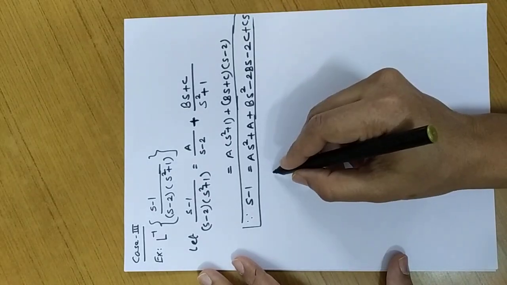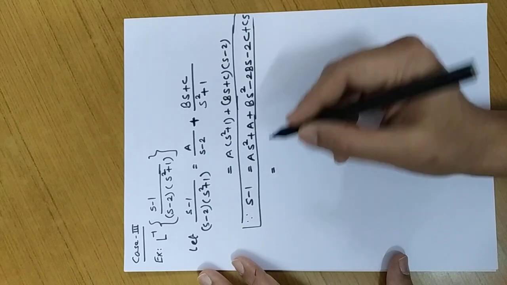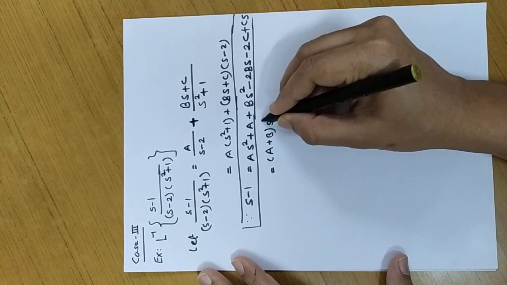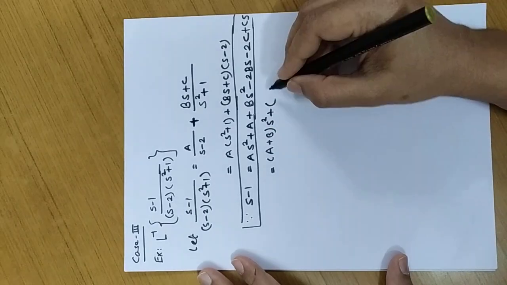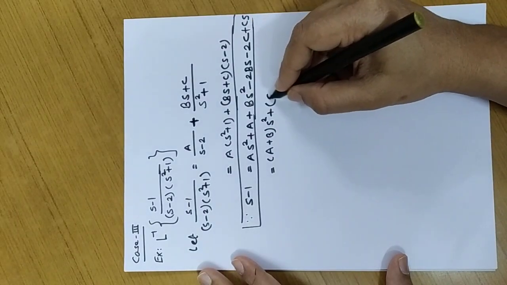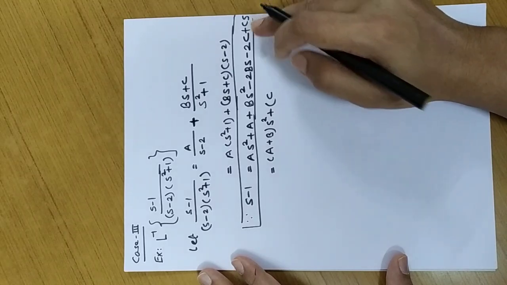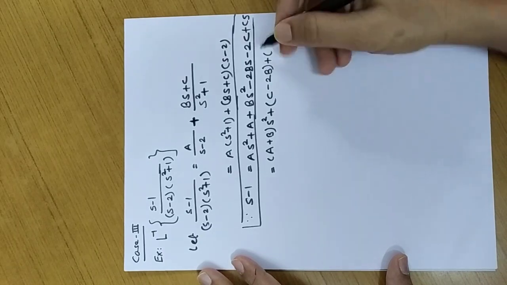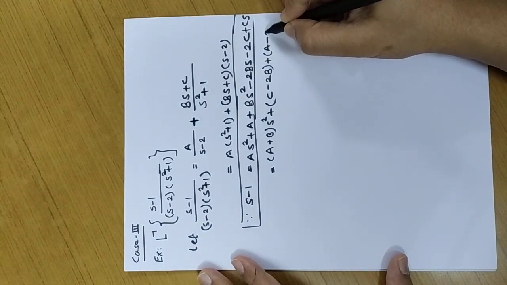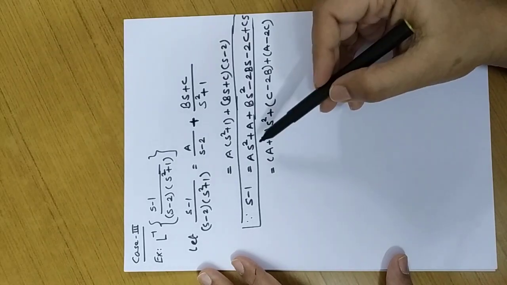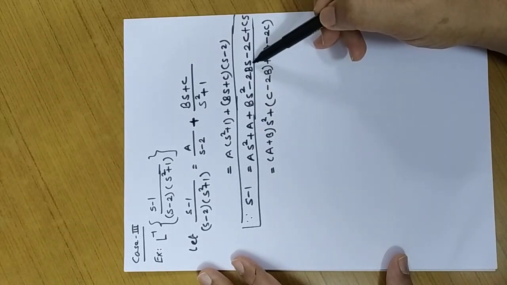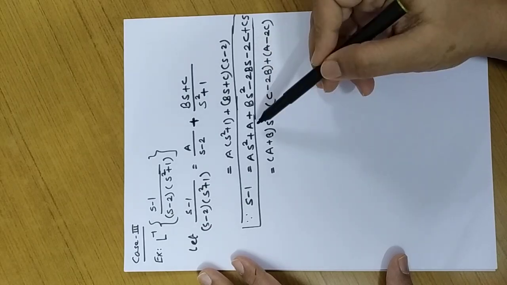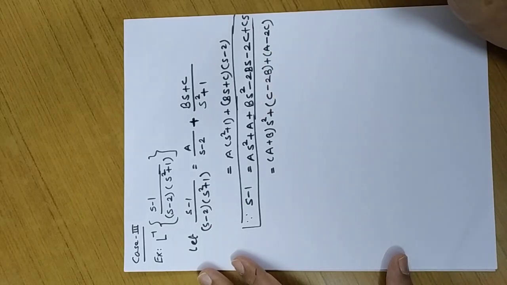So what is the coefficient of s square on the right hand side? You can write A plus B. What is the coefficient of s? C minus 2B, and the constant term A minus 2C. Clear?